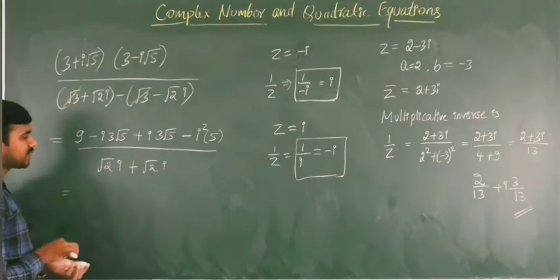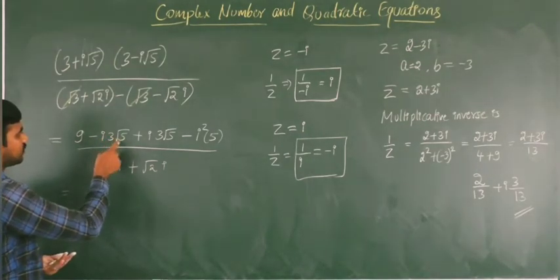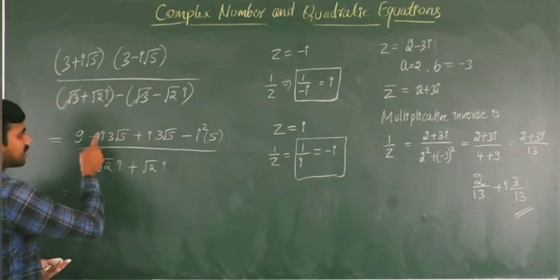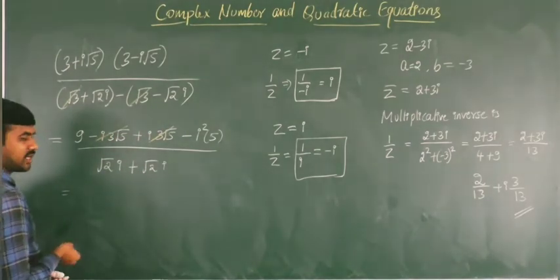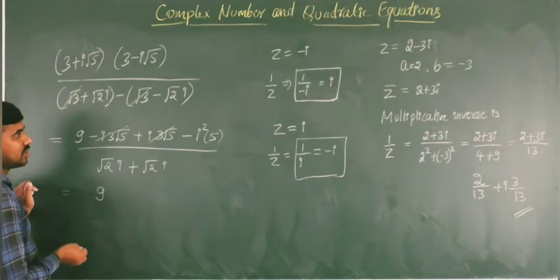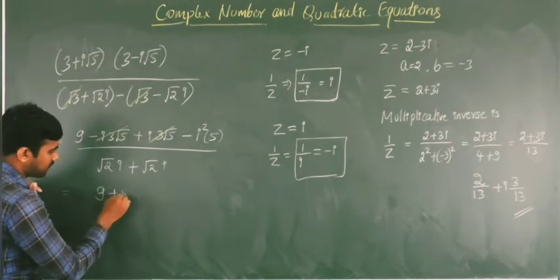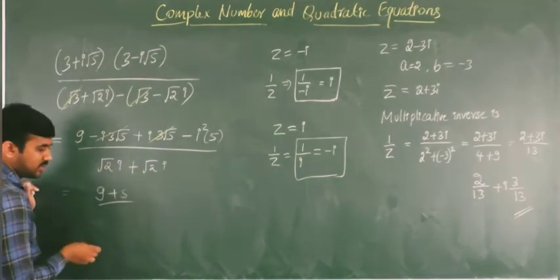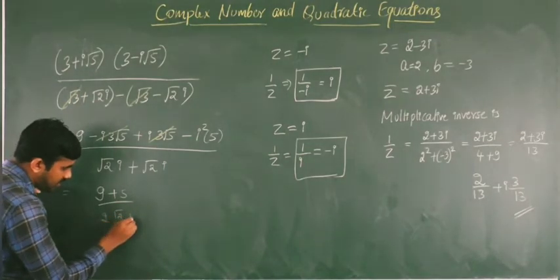In the numerator you can observe i into 3 root 5, with sign minus here but plus there, so we can cancel it. It remains 9 minus i square, which means plus 1 into 5, divided by root 2i plus root 2i, so 2 times root 2i.